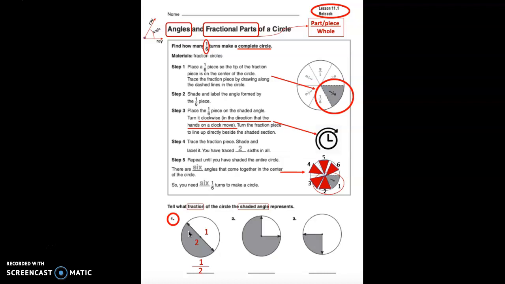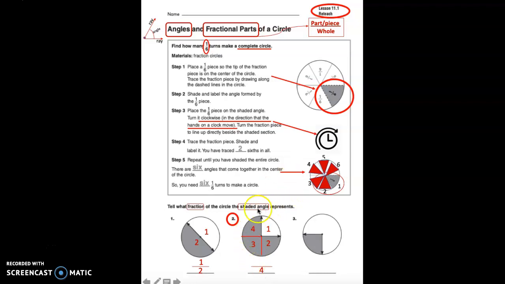Now let's take a look at number 2. Number 2 is a little bit more tricky. I've taken my rays and I've extended them all the way down to the edge of the circle and all the way across, creating 4 pieces of my circle. If there are 4 pieces that make up a circle, I know my denominator is going to be 4 for 4 pieces of the whole.